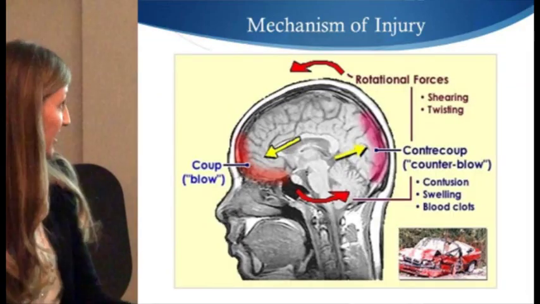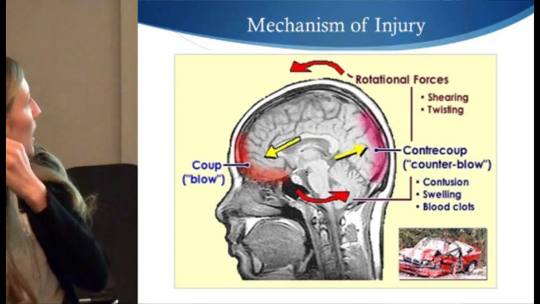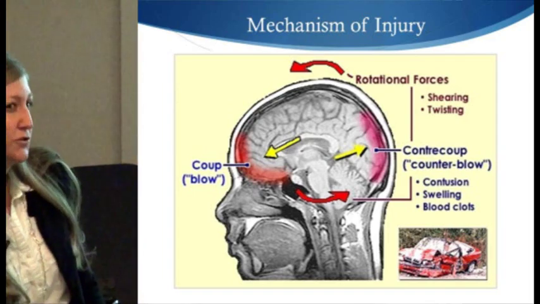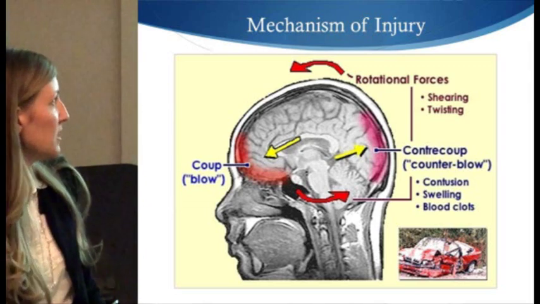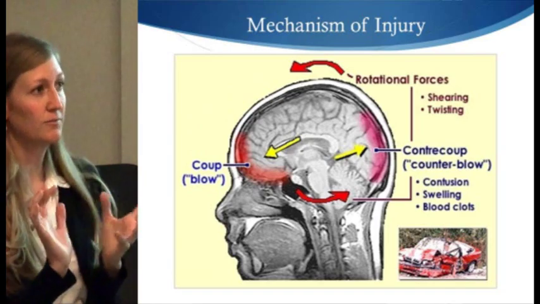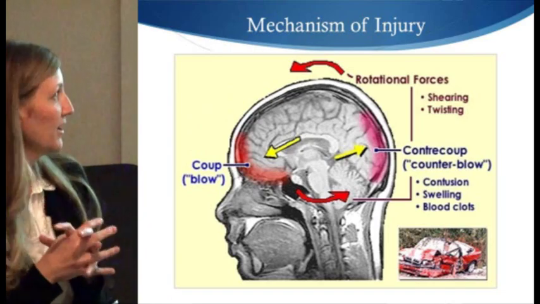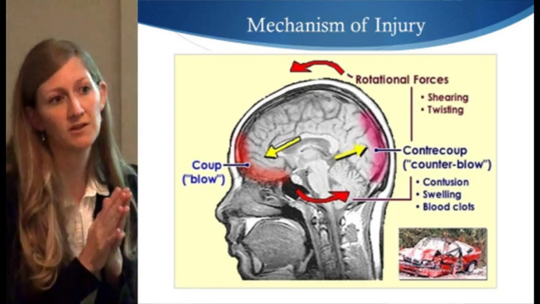So this slide is just talking about mechanisms of injury, and where the injuries usually occur when you have a certain type of application of force. So you have the rotational forces, and that's when your brain gets spun around inside your head, and you have the shearing and twisting, or it gets rotated back and forth fairly quickly.